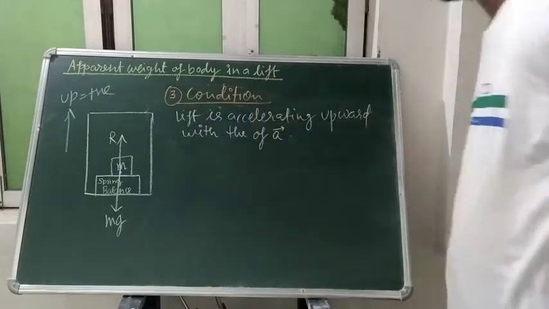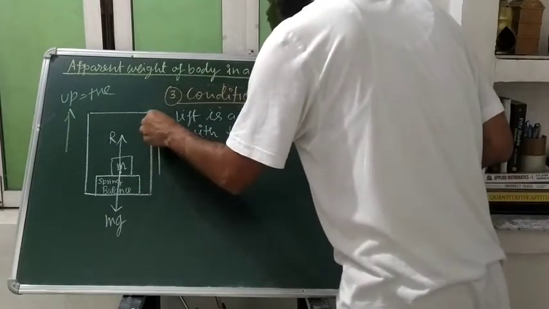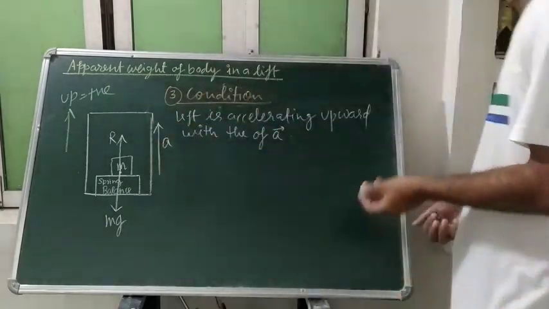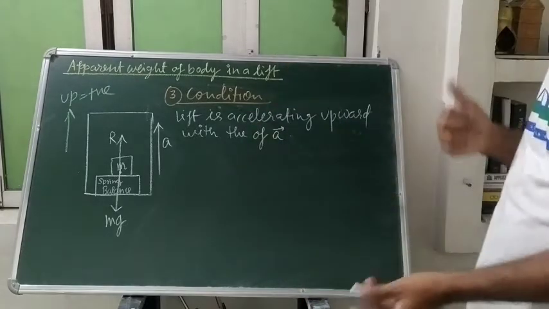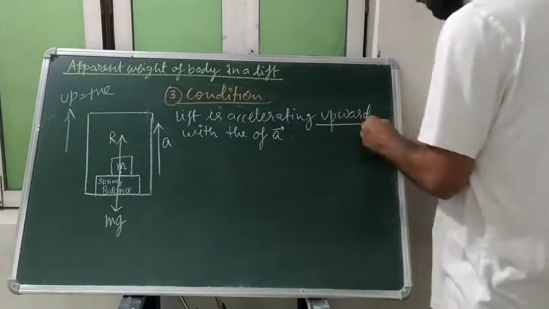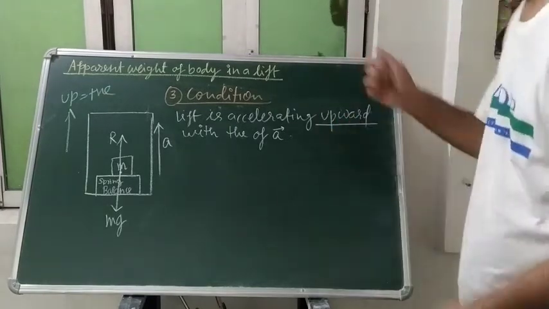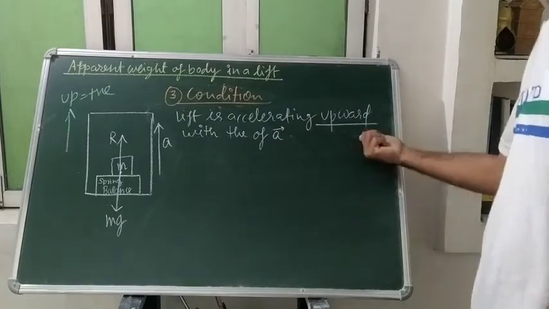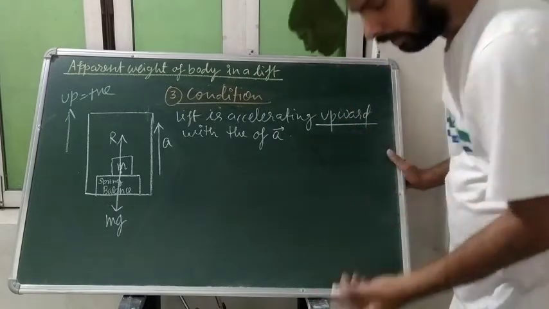Okay, so it is moving up. I am showing that it is going up, so I will write like this. It is moving with acceleration a, going up. Upward, we are not saying downward. The second condition was for upward and downward both. Now we are saying it is moving upward with acceleration a, student.